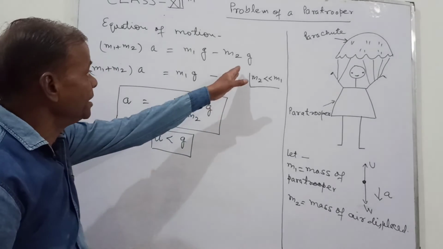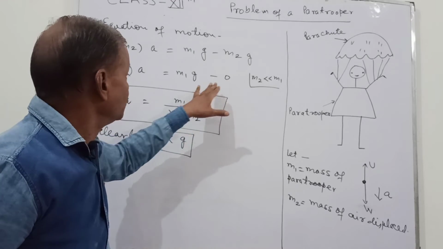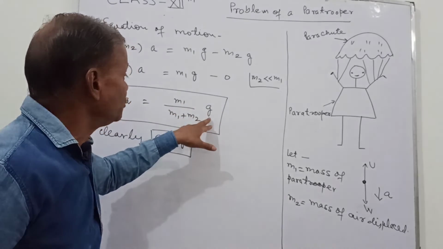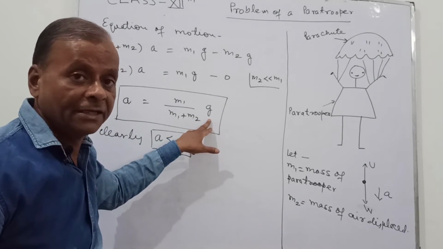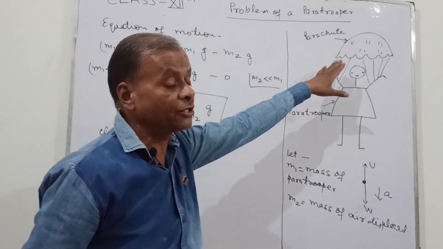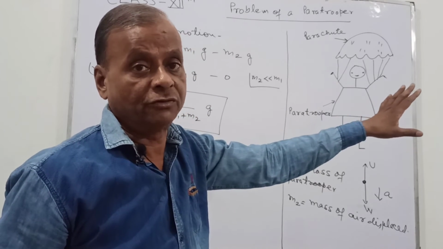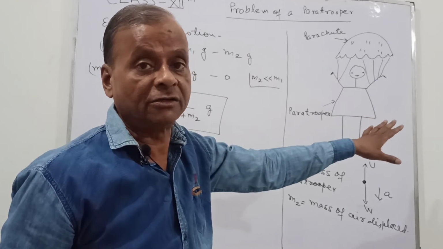And if m2 is not negligible, then you can take the equation as (m1 minus m2) into g. But since the air filled in this parachute is not so large, it is small in comparison to the weight.